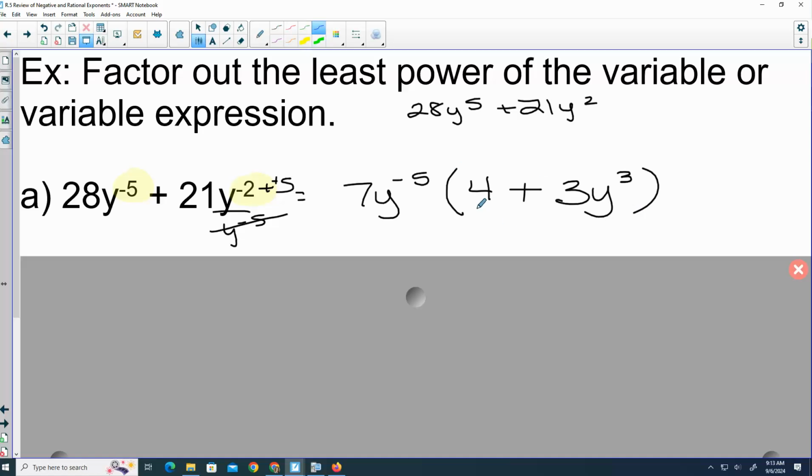So you'll know you've done it correctly if what's left in the parentheses has positive exponents. If we had taken out a -2, then we would have had a y to the -3rd left on that first term. And we want positive exponents in our parentheses. So then would you put the whole thing over y to the -5? You can, it's equivalent. My directions were just to factor, so this is an acceptable answer. But if I said in my directions, write it without any negative exponents, then you would have to drop that y down.